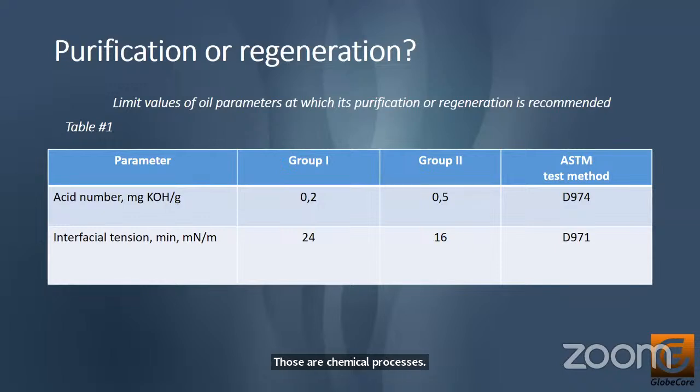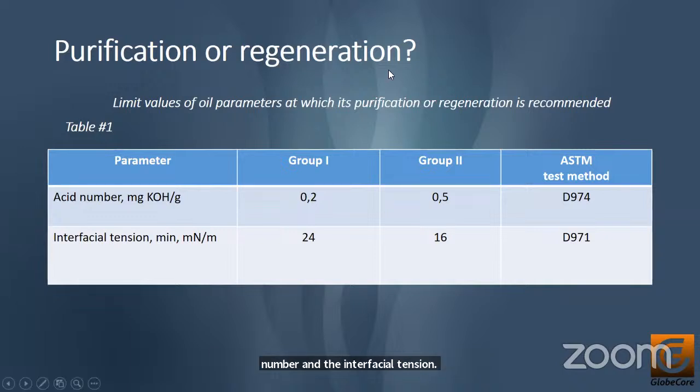Another thing that is always important is to know when we are going to do these processes. In order to have a baseline, we can take the C57.637 standard, where it tells us that we have two groups. Like in table number 1 of the standard, take two values as a reference, namely the acid number or neutralization number and the interfacial tension.